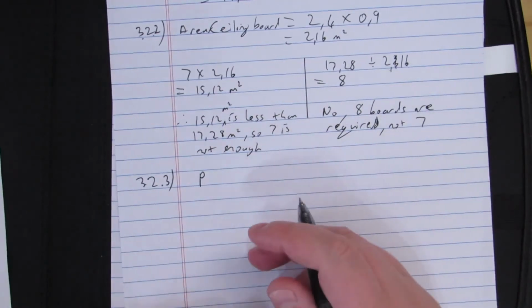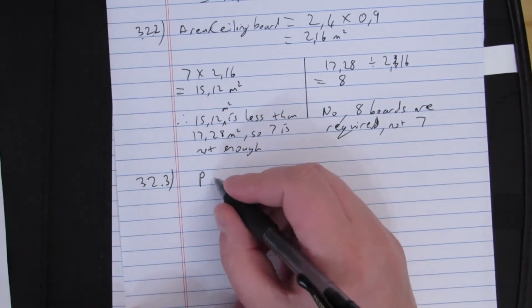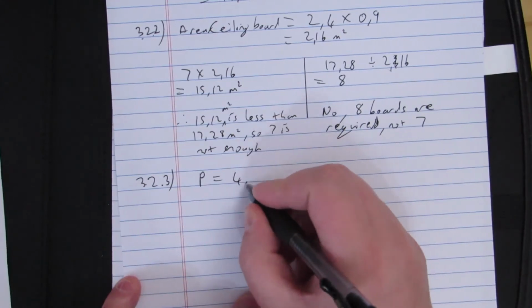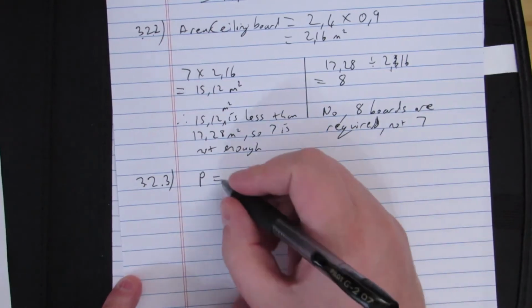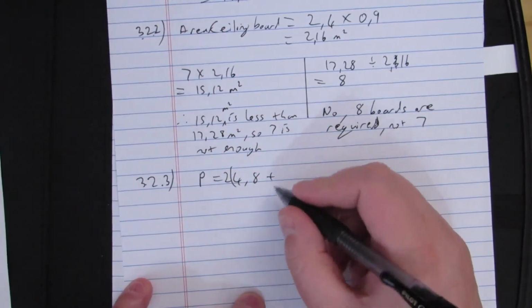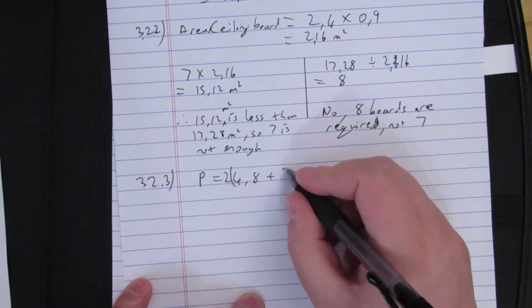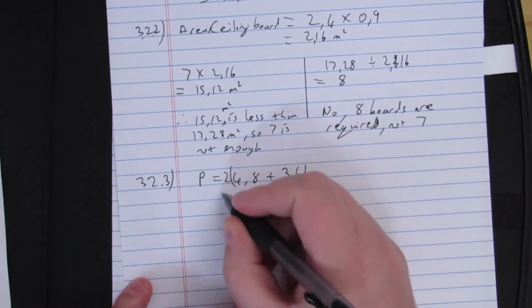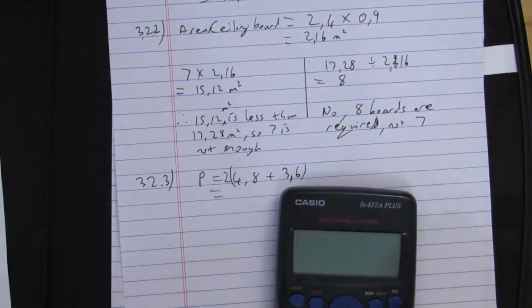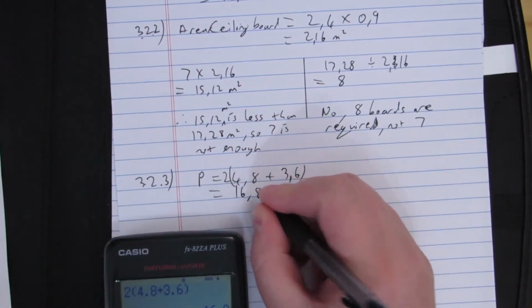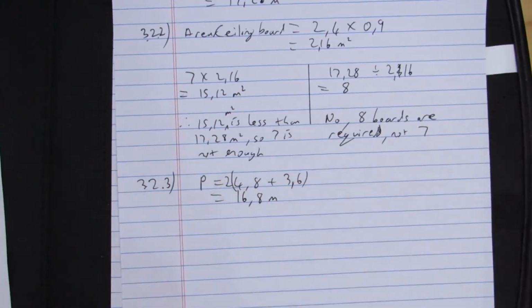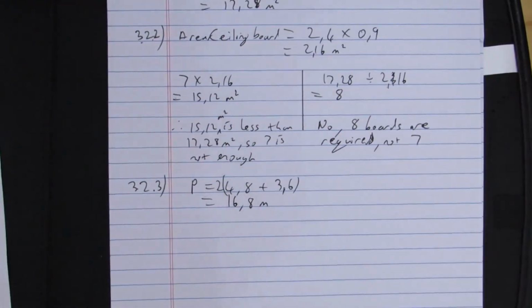The perimeter of the room is going to be my length of 4,8 plus, oh, and they want the perimeter of a rectangle, so I must use my formula. 2 times length plus width of 3,6. Okay, because they gave me a formula, I should use it. 4.8 plus 3.6 gives me 16,8 meters that need to be covered by our cornices.